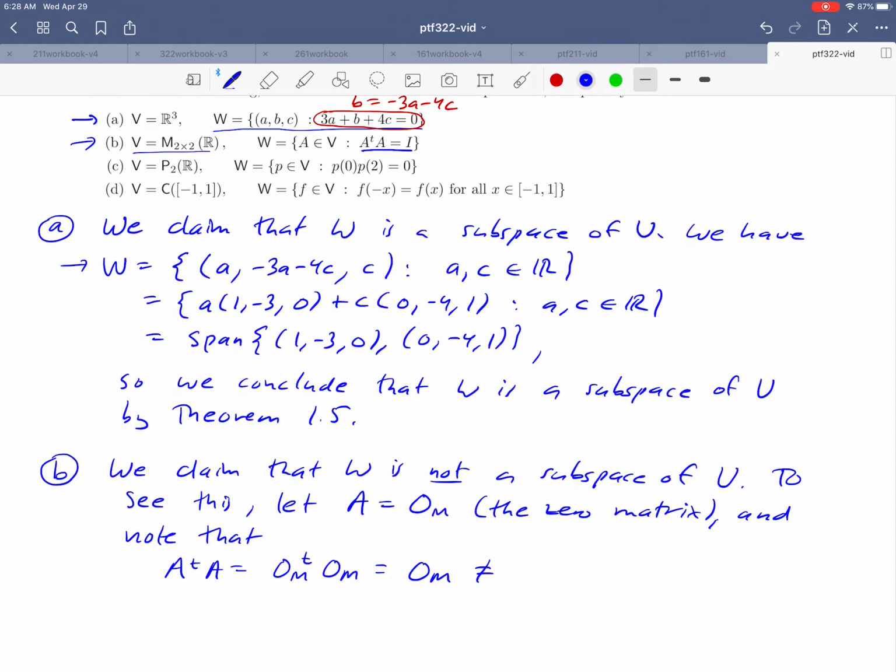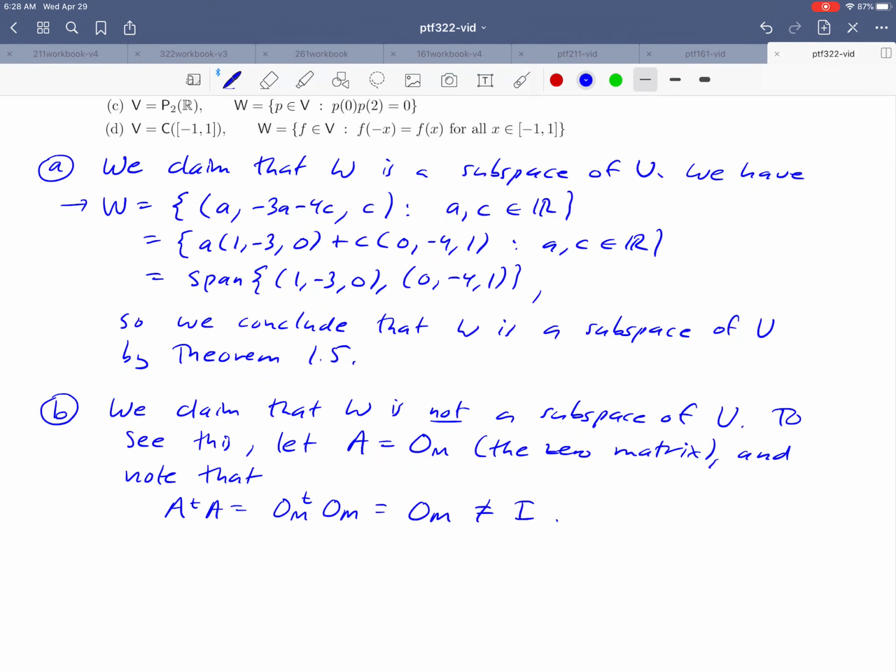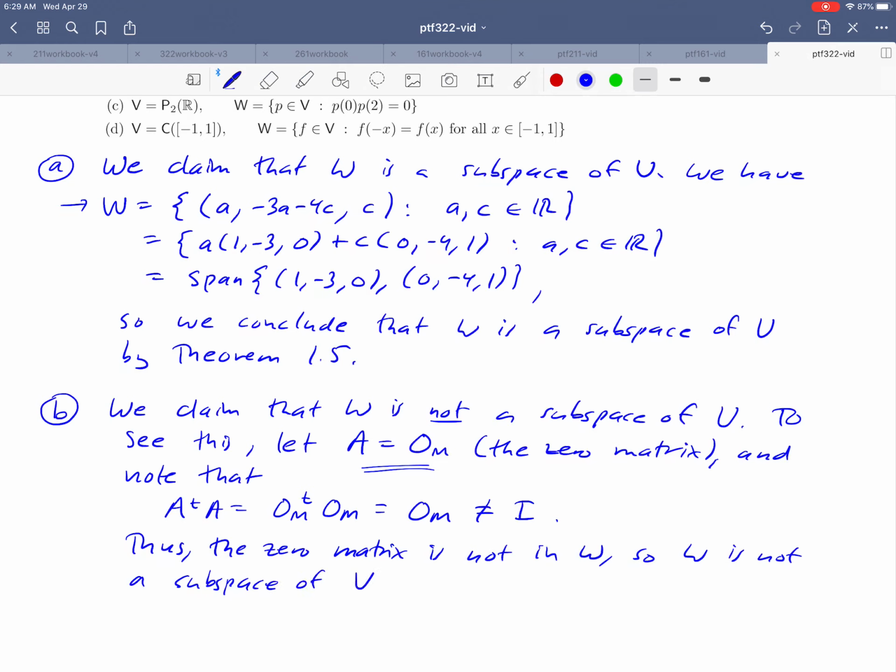That's clearly not equal to the identity matrix. So we've demonstrated that this choice of A, the zero matrix, is not in W, and therefore this can't be a subspace. And I think we're done with part B.